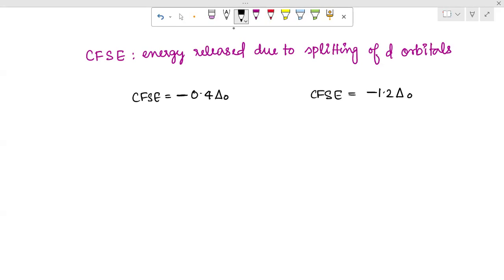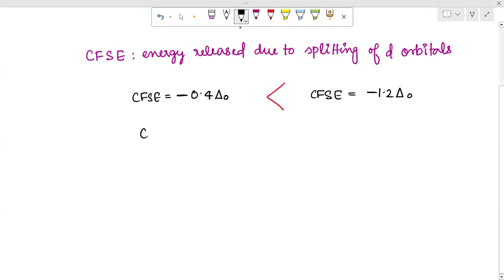So on the left hand side, the system is stabilized by only 0.4 units, while on the right hand side, it is stabilized by 1.2 units. So you have to take the modulus. Negative indicates it is stabilized. Now, which is more stabilized? This one. This one is more stabilized. Are you getting my point?